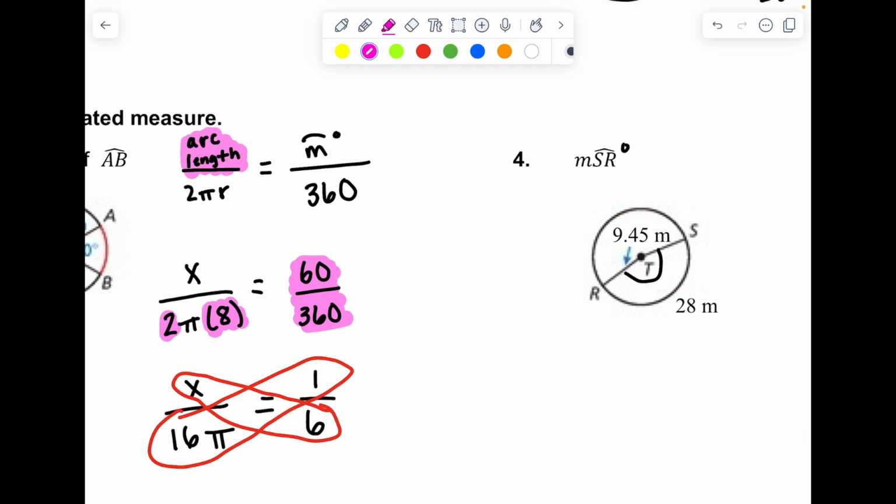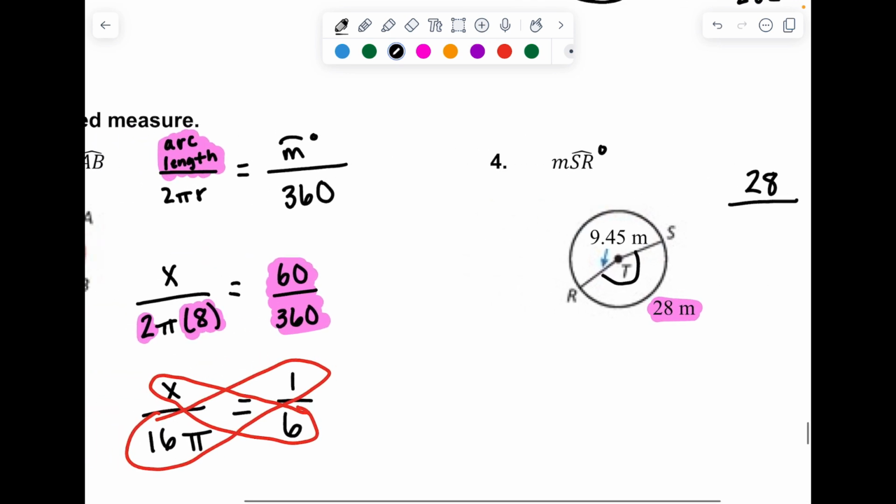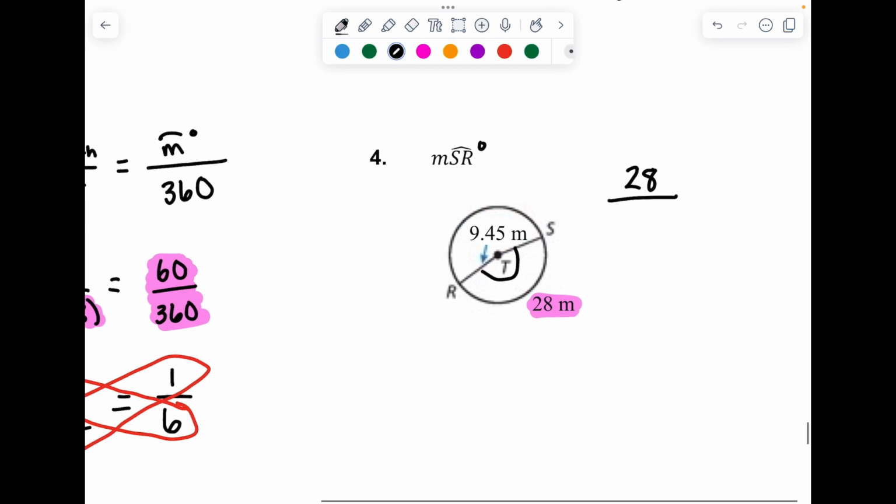It is 28. So we're going to plug in 28 over, and then on the bottom we have 2 pi r. We know our radius is 9.45. And that's equal to our measure, which we don't know, so we're just going to leave it as x, over 360.